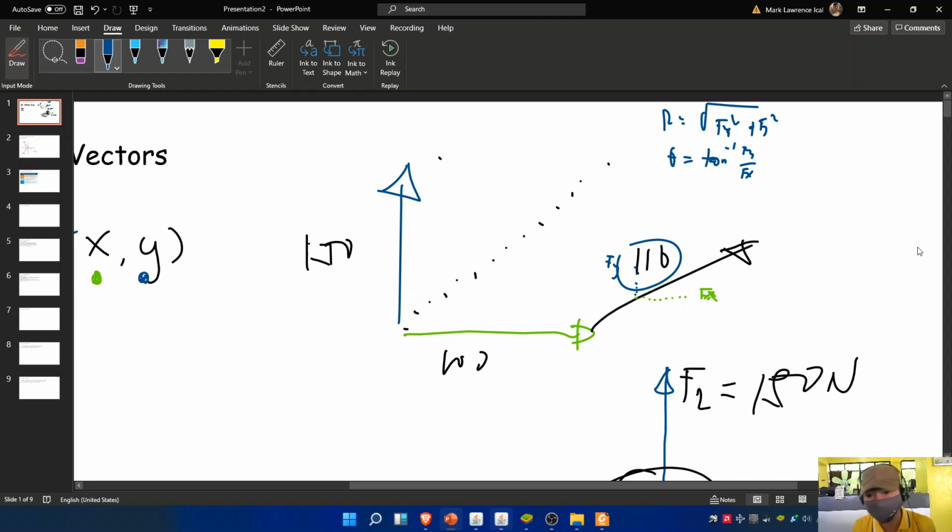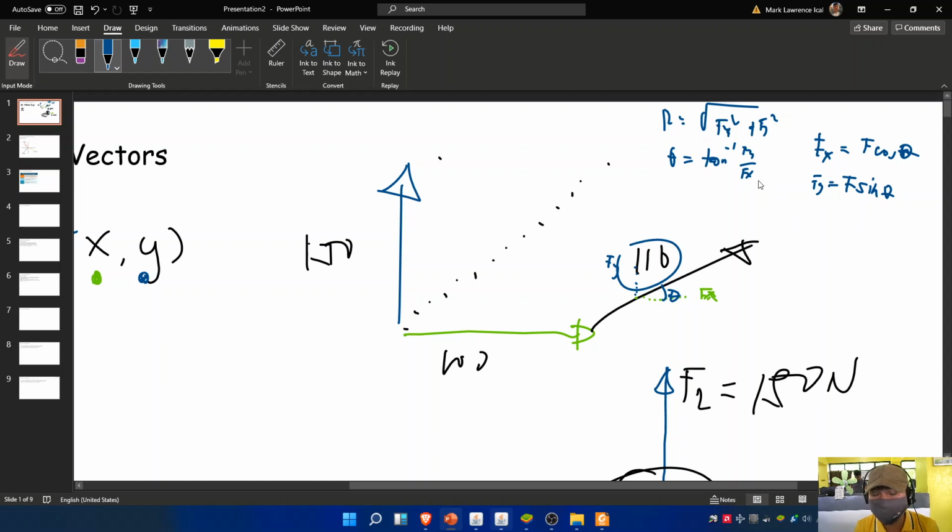I'm going to introduce two new formulas, which is the f of x component is equivalent to the force multiplied by the cosine of angle theta, and the y component is equivalent to the force multiplied by the sine theta. Okay, so this is the theta. Okay, so madali lang, di ba?